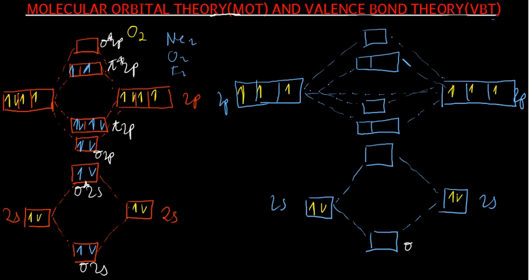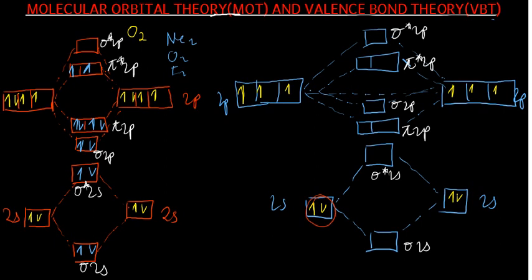This is a sigma 2s. This is a sigma star 2s. This is a pi 2p. This is a sigma 2p. This is a pi star 2p because it's high in energy. The sigma star 2p.